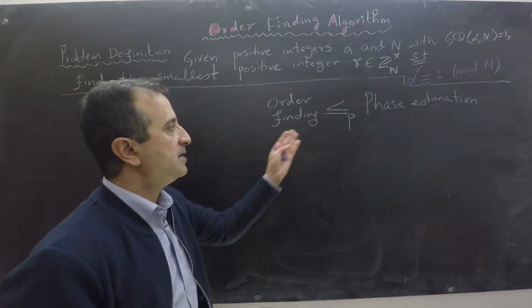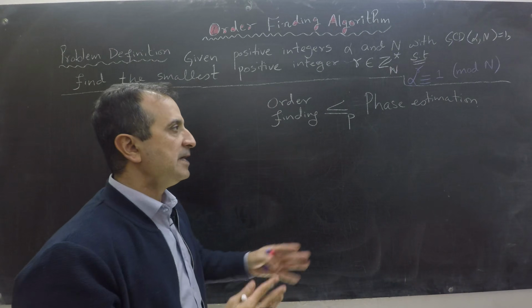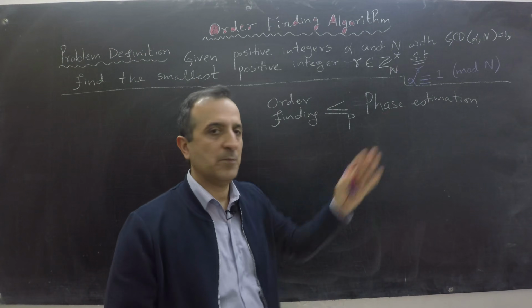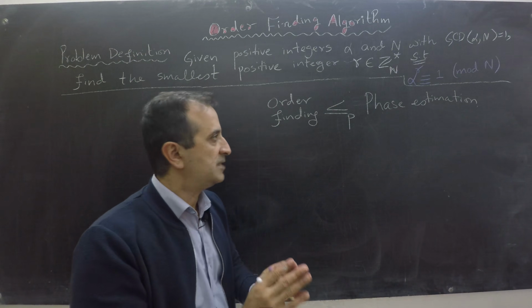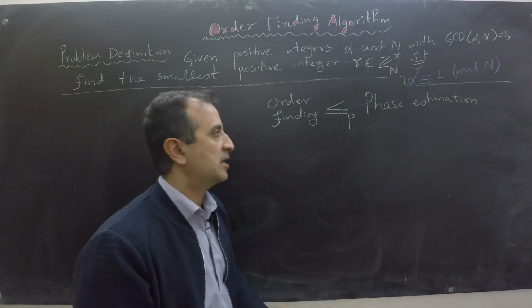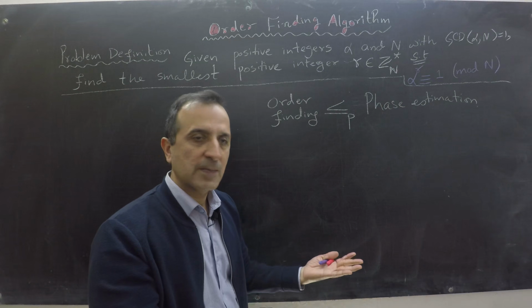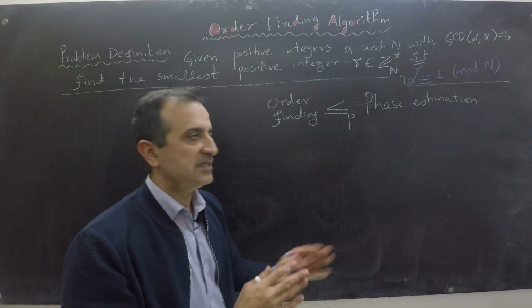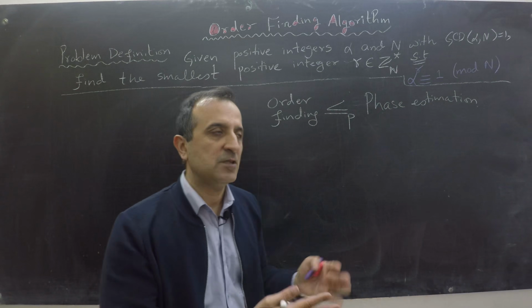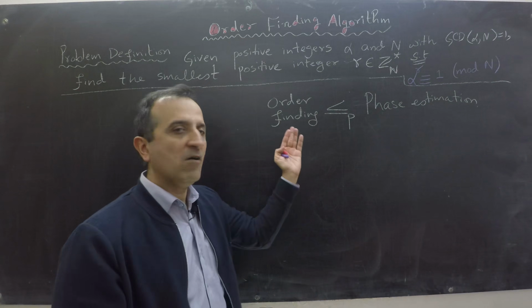What that means is that we can take the phase estimation algorithm as a black box. We will not change its circuit or anything. We can only manipulate its inputs and outputs, and by manipulating phase estimation inputs and outputs, we can realize the order finding algorithm.